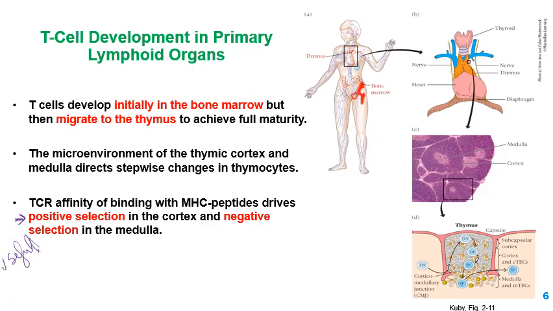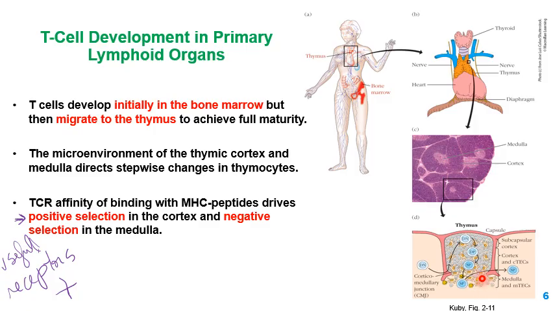Useful receptors. Okay, positive selection. Now, if it does not have useful receptors, it's going to die. Okay, so now let's say that your cells have useful T cell receptors, and now it migrates, it goes from the cortex towards the medulla. When it gets to the medullary area, it is going to undergo another type of selection.